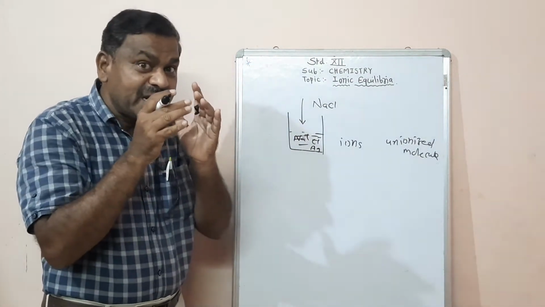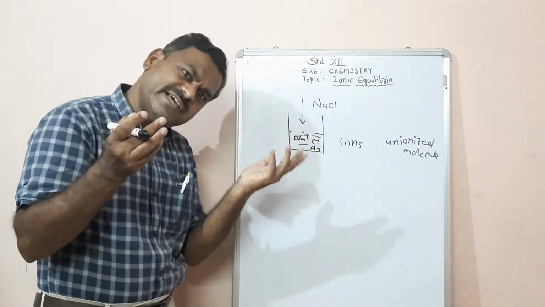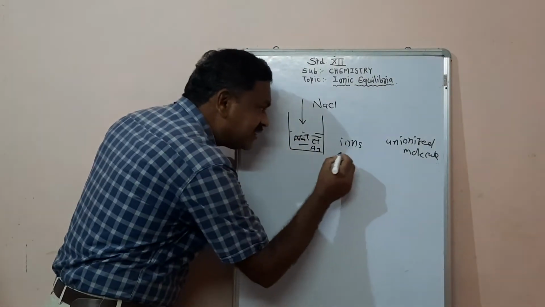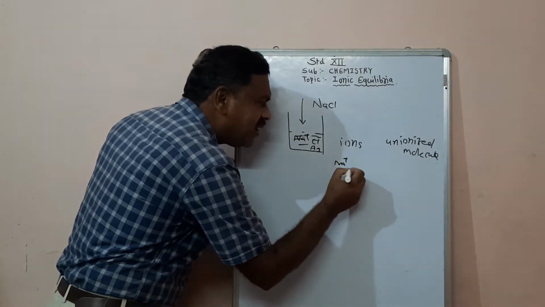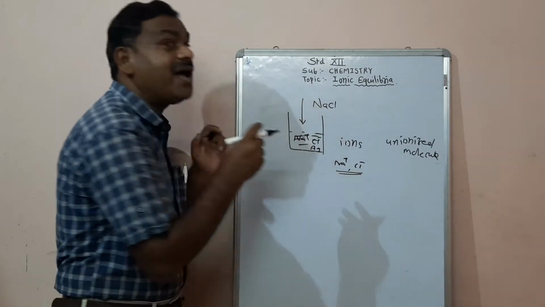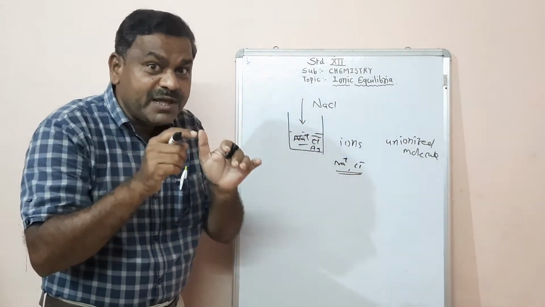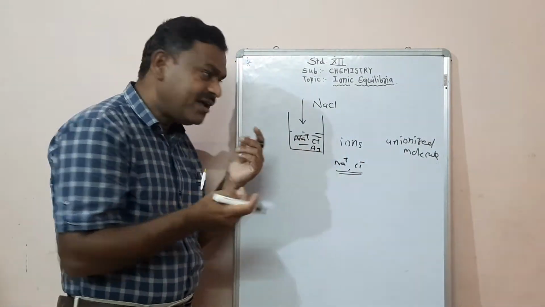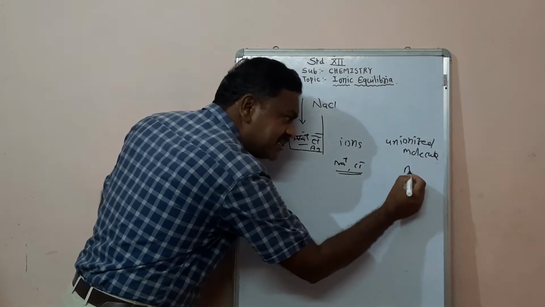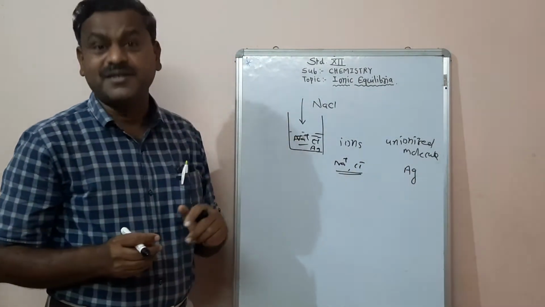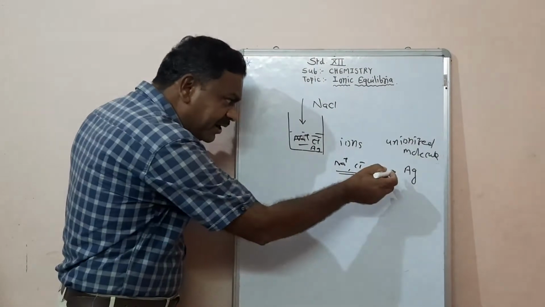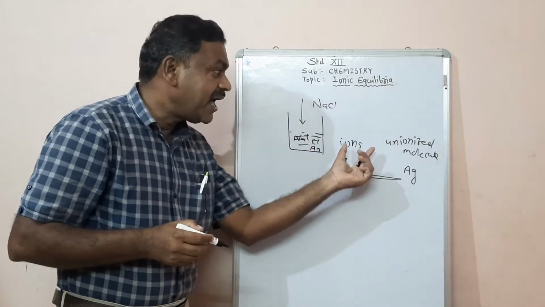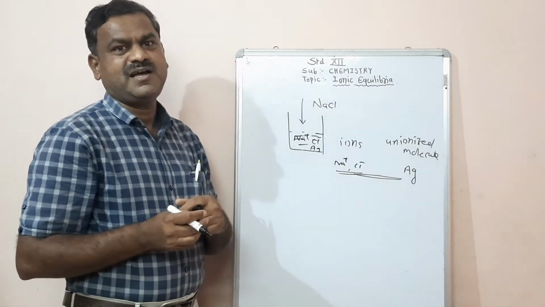Na plus is a charged ion. Cl minus is also a charged ion. Therefore they are called ions. These ions, Na plus or Cl minus, are the ions. Equilibrium between the ions, and suppose you add the Ag, this is unionized. It means equilibrium between the ionized and unionized.